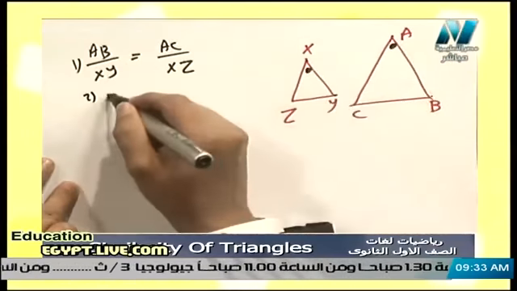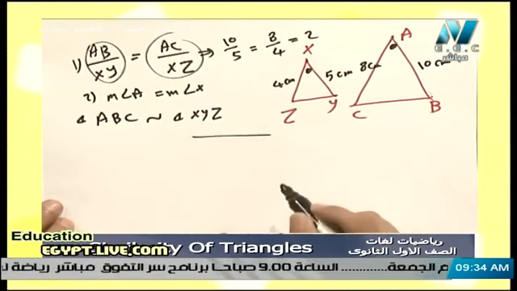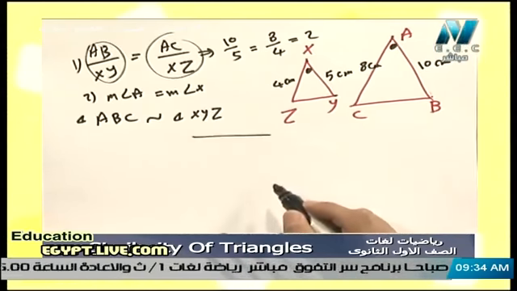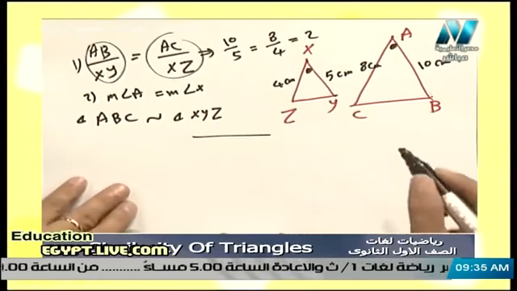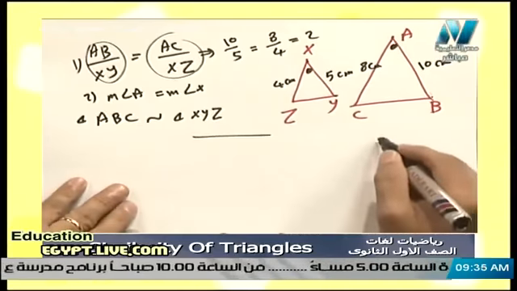Okay, let's move to another example. If we have a triangle like that and a triangle like that, we call this ABC and this AXY. Here AX is 3 centimeters, this is 4 and this is 5.